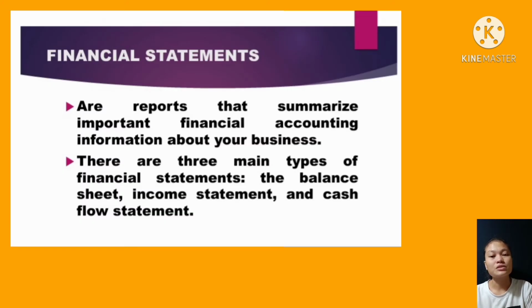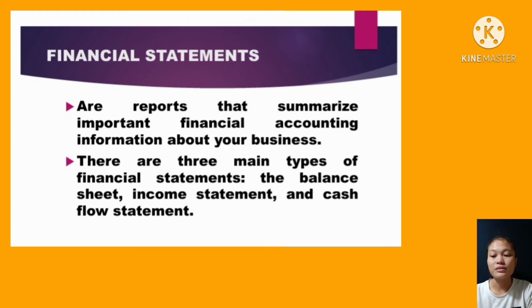Good evening, sir. My topic is all about tools in comparative financial statement analysis. Financial statements are reports that summarize important financial accounting information about your business. They also provide information about the organization's past performance, present condition, and future performance.